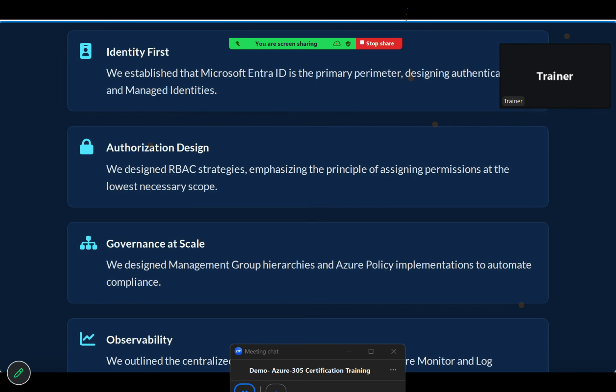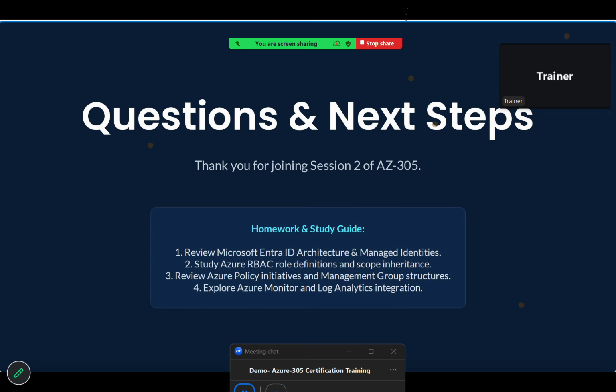We'll cover the storage account, blob storage, Azure Files, data redundancy, backup strategy, data lifecycle management, SQL databases, and Cosmos DB, and selecting the correct storage architecture for the business requirement, because session three is where real architect decision making begins.